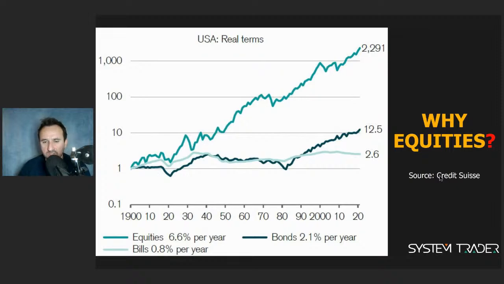So imagine that today people are struggling to beat inflation, whereas in the long term, equities, at least historically in the United States, were beating inflation by over 6% per year. And as a comparison, the bills, which are kind of equivalent to bank deposits, were making 0.8% per year in the last 120 years in the United States.